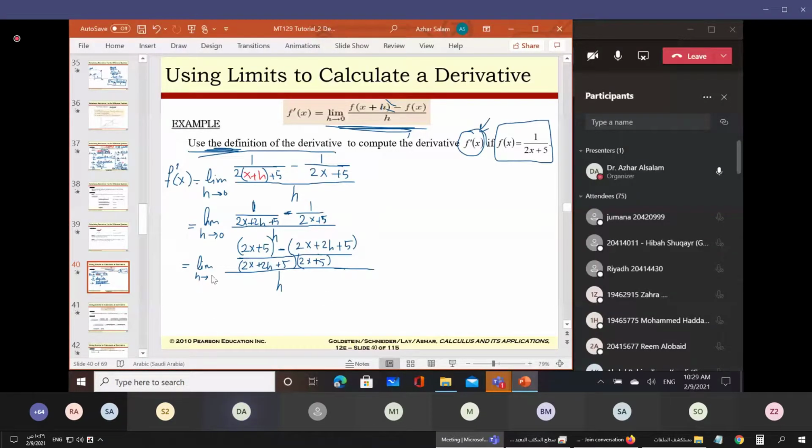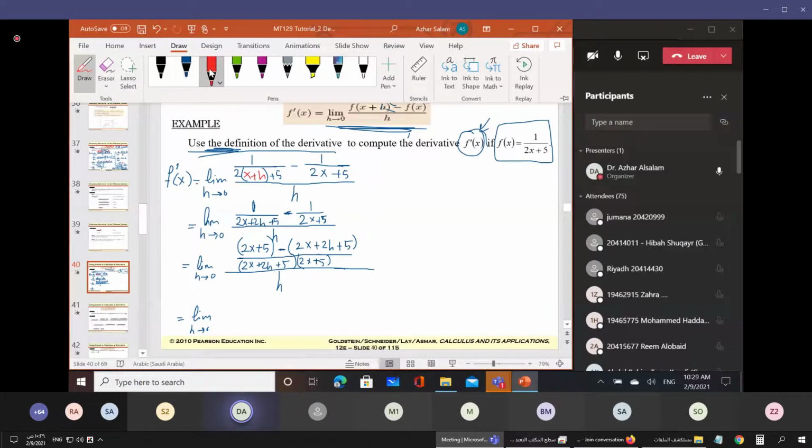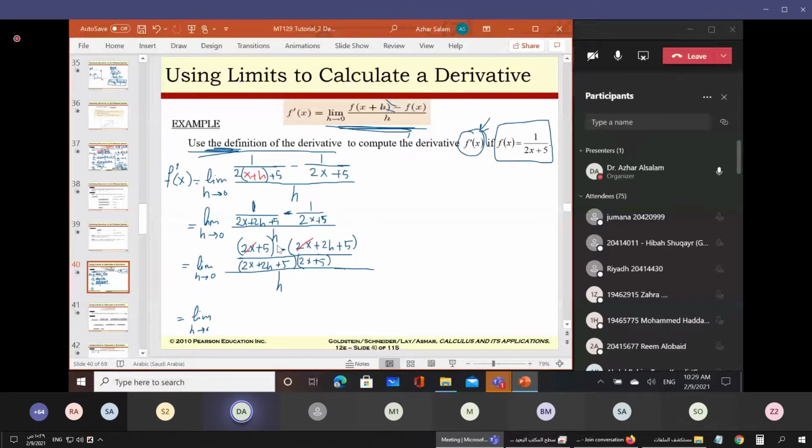Here limit when h approaches 0. Now also here limit when h approaches 0. Here I can simplify this on the top. I can distribute this sign inside these brackets and omit some values. So I have here 2x minus 2x. It will be deleted together. I have here plus 5 minus 5. If I distribute this, this will be minus.